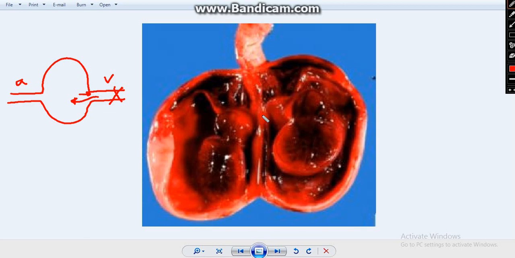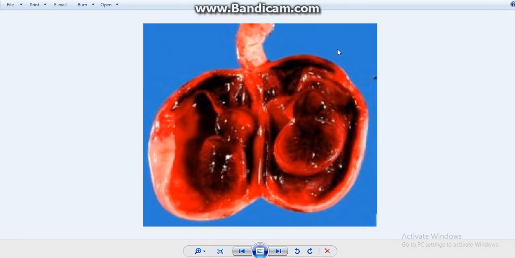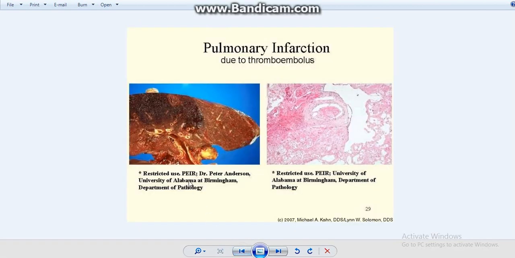And I have another picture regarding the lung, and this is a pulmonary infarction due to a thromboembolus in the lung. We can see all that red area, the red infarcted tissue, because the blood re-enters that loosely organized tissue. And this is basically coagulative necrosis. A high yield point is that the tissue remains firm.